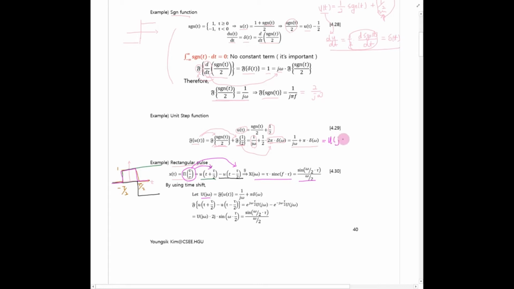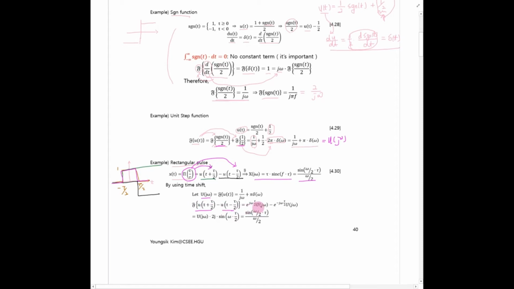The Fourier transform of the unit step is given this way: 1 over j omega comes from the sine function, and pi delta omega comes from the constant term. Then, you know that the Fourier transform is a linear operator, so we can apply it one by one: first the unit step, and then the other one.